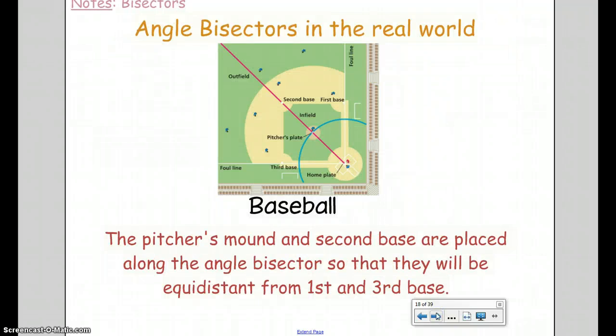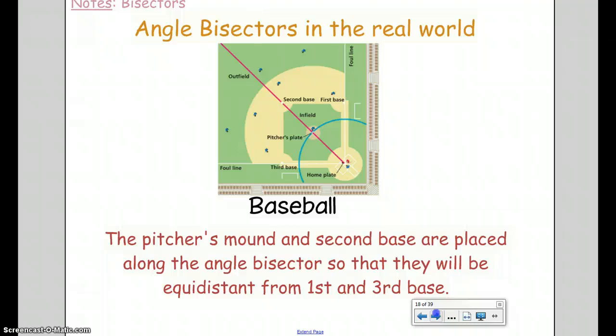My example falls perfectly because the World Series is going on right now. I have a baseball example. When they are designing a baseball field and they've decided home plate is going to go here, and then they put first base and third base and make a nice right angle, and then they're trying to figure out where exactly to put the pitcher's mound and second base, guess what?